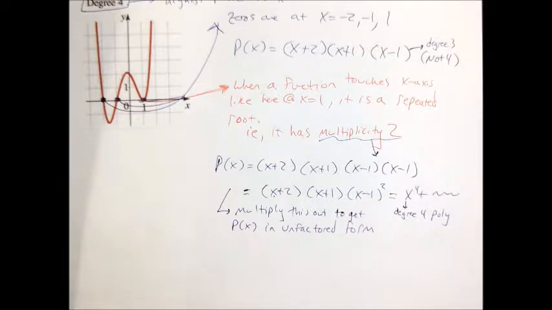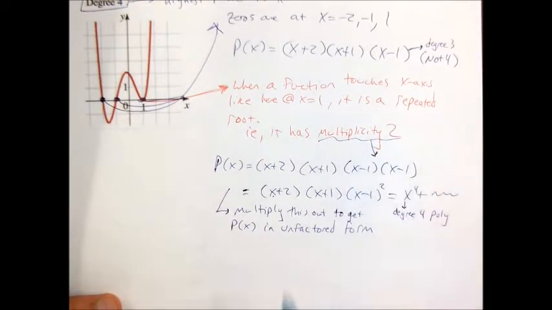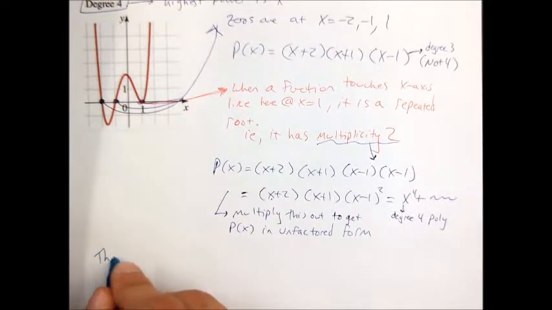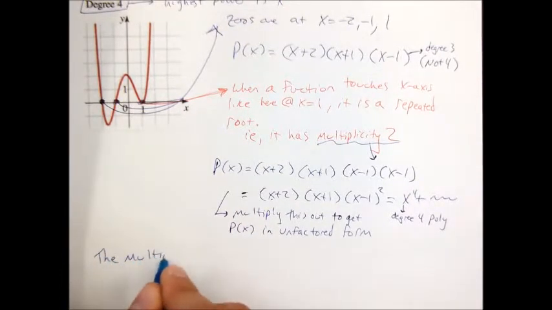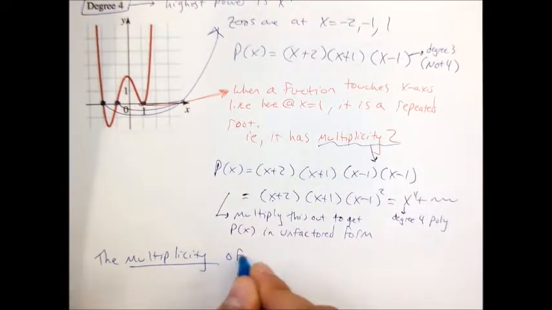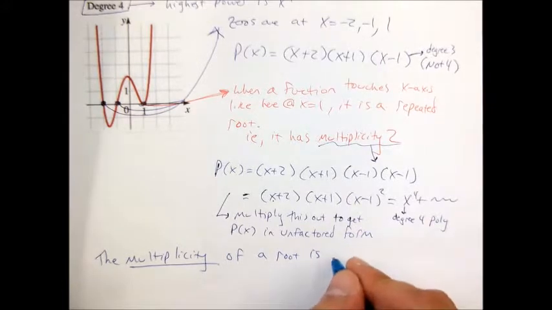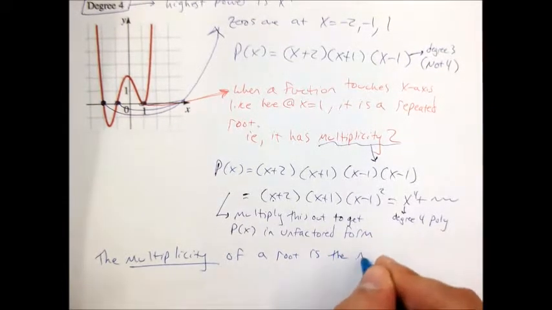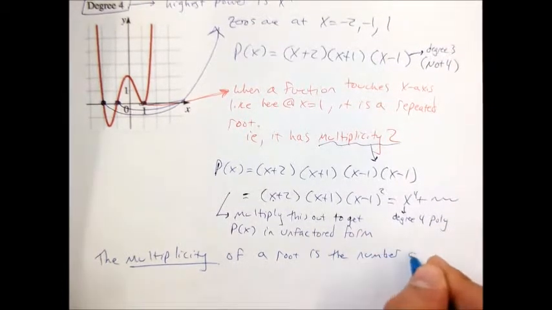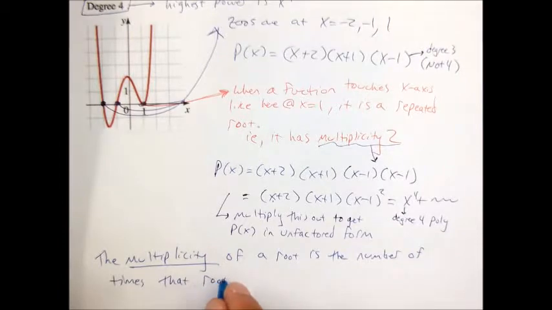Let me just define the word multiplicity, since I used it in a sentence and I didn't define it. So let's just write that down. The multiplicity of a root is the number of times it appears in factored form.